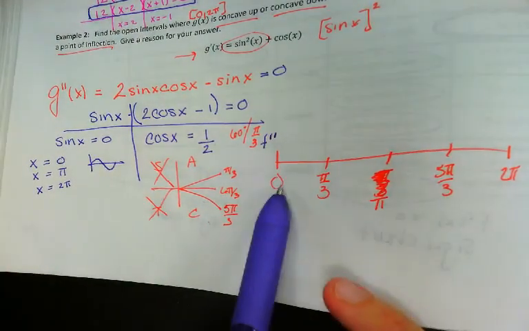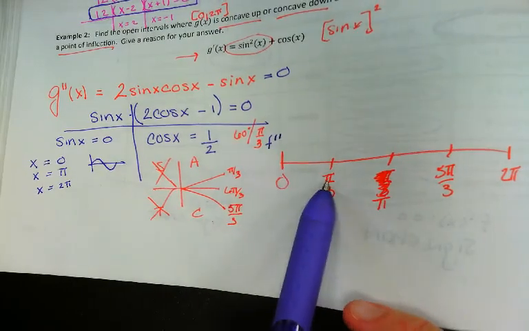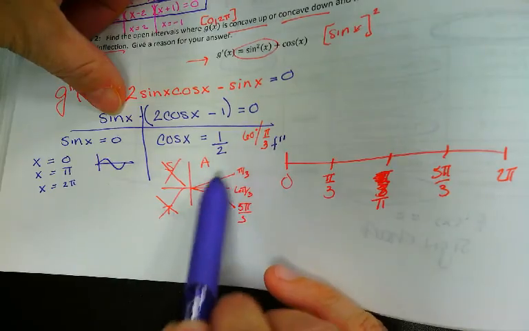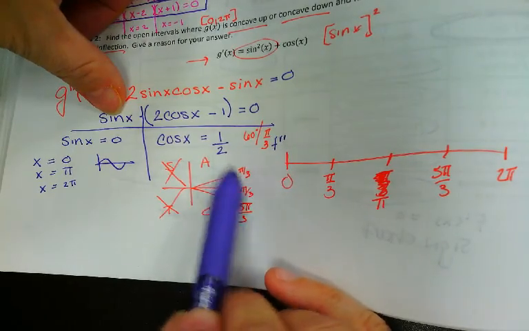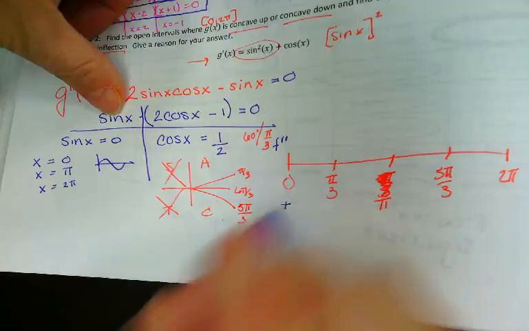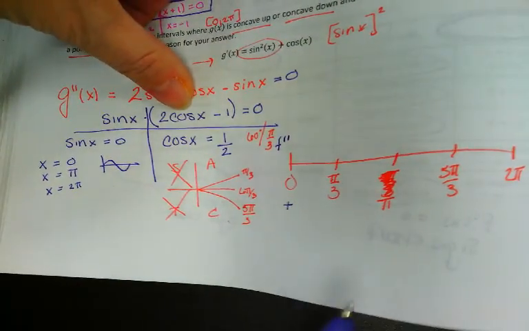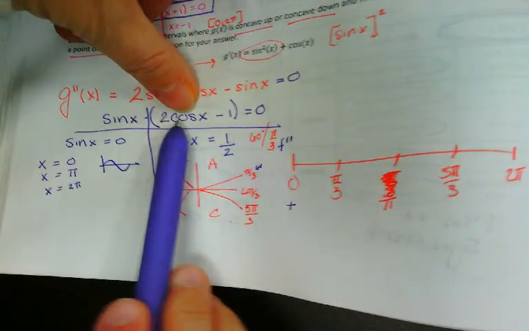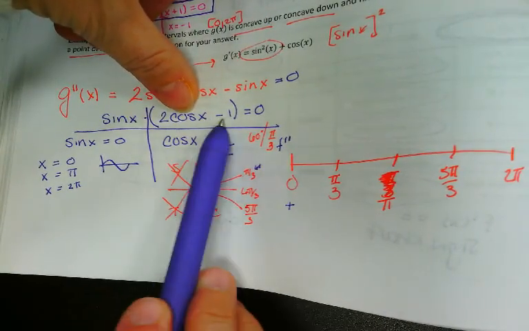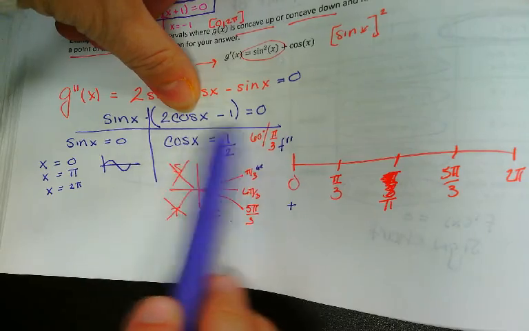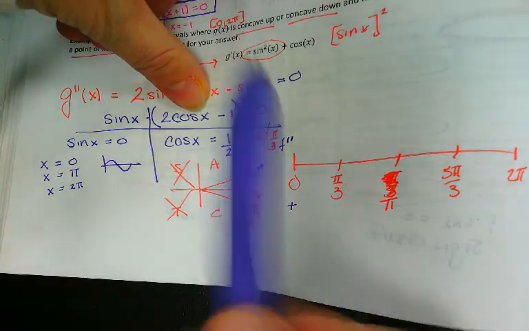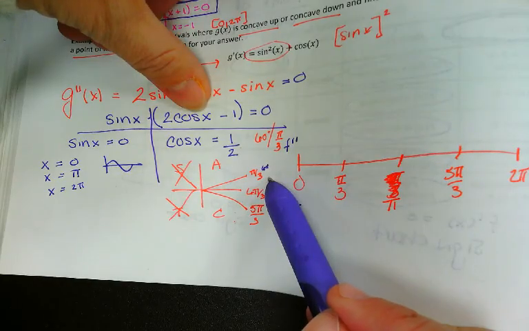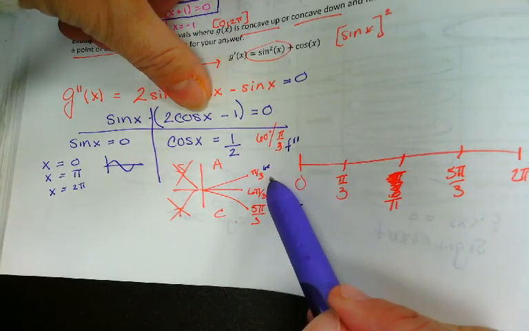Okay, so let's think about this. Between 0 and pi over 3, what do I know about sign in this quadrant? Positive or negative? I don't care what the number is. Positive. So I have a positive times. Now I have to get a little creative here, right? This is 60 degrees, right? So I need the cosine. Now I have to do a little math here because I have to subtract 1. So this one's a little more intimidating because I have to crunch some numbers actually. Who can I pick before 60 that I know? It's a trig angle we know before 60. 45 or 30.